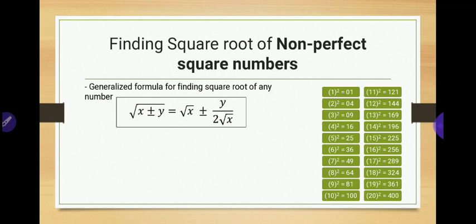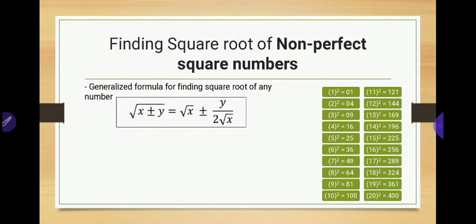For this, you must know the squares of numbers from 1 to 10 as well as from 11 to 20. If you know the squares of these numbers, then with this method you can easily find the square root of any number which is a non-perfect square number.